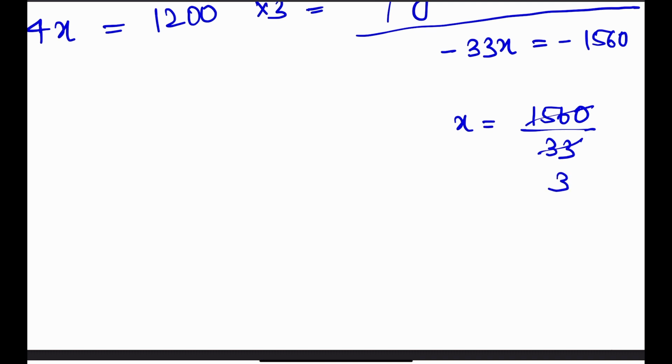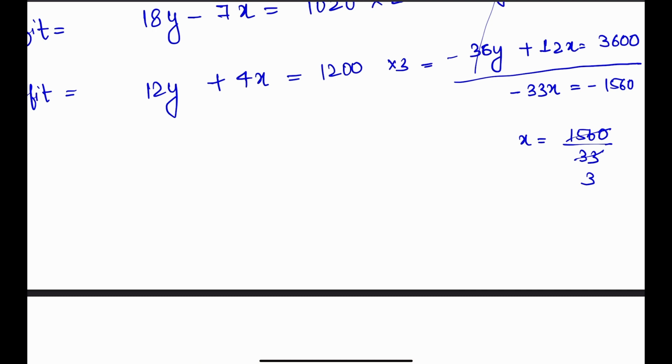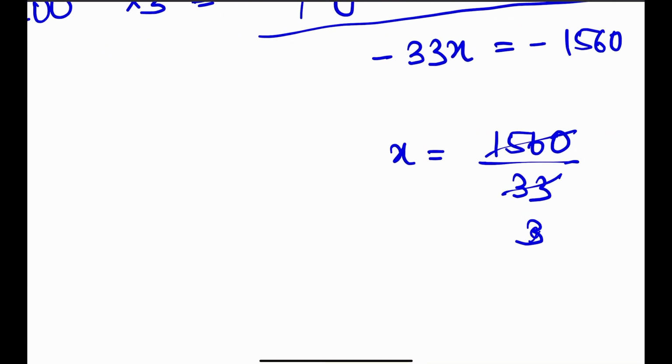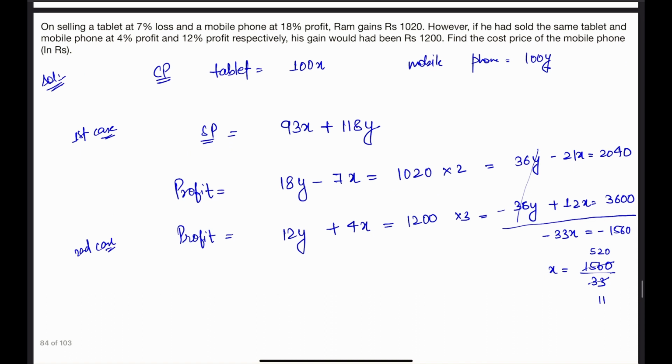So 3 1. Okay, this is not divisible. 1650 will be divisible, but 1560 is not divisible. Okay, but with 3 it's divisible. With 3 is divisible. So yeah, it should be. So 3 5 yeah, 3 2 yeah 5 yeah, 520 upon 11. So now my value of x is 520 upon 11.